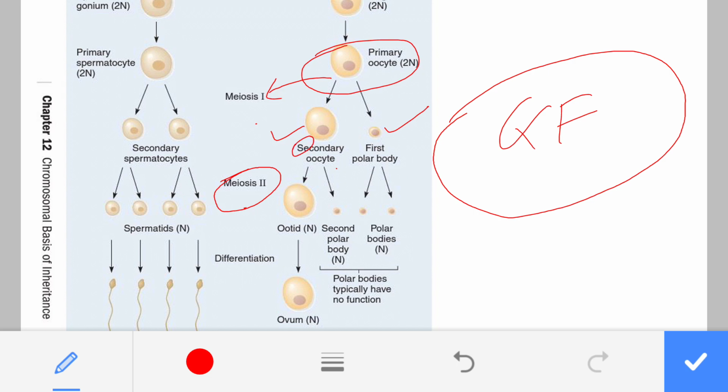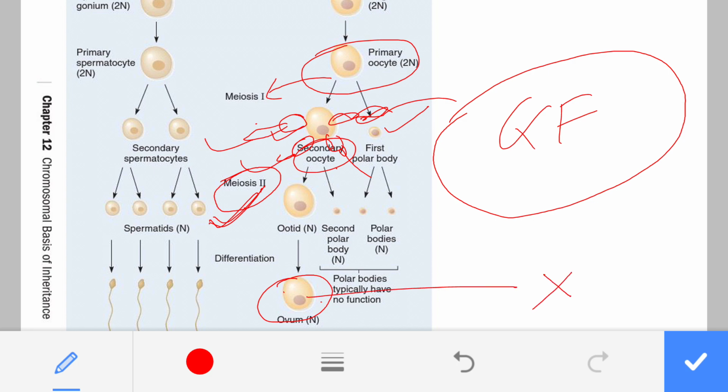So when the sperms are approaching this secondary oocyte, at the time of fertilization, this secondary oocyte will complete meiosis 2, and at that time it is converted into an ovum. So in this ovum, there will be only one sex chromosome, and that will be X chromosome.